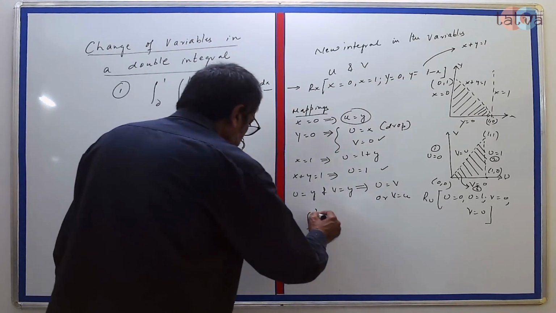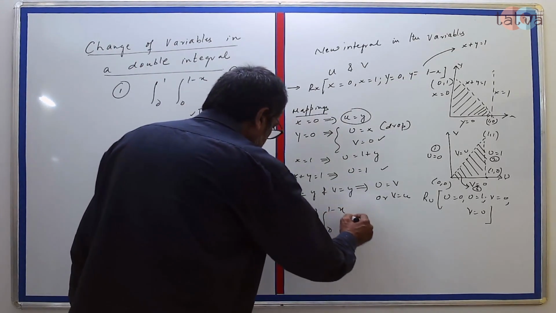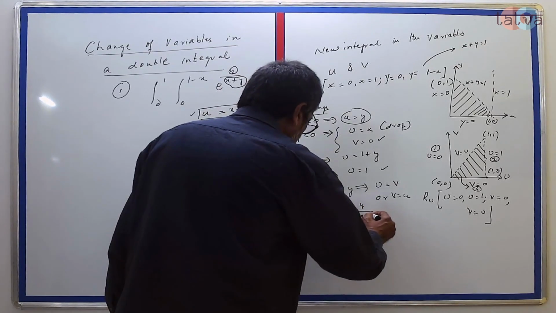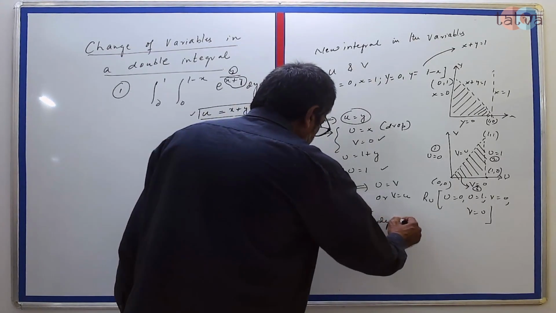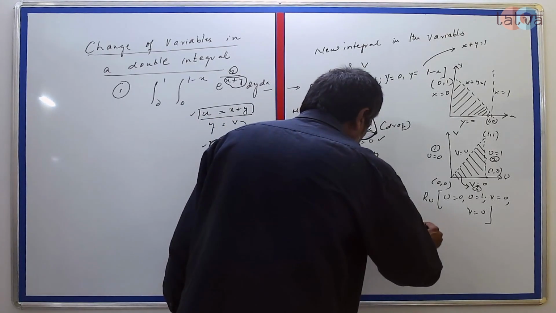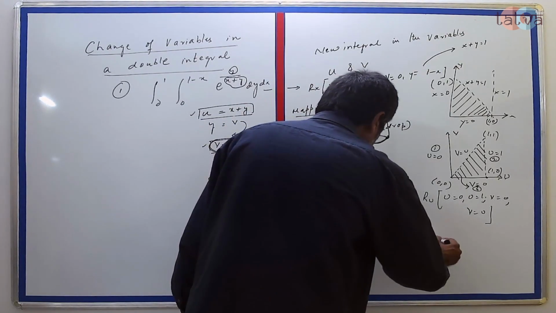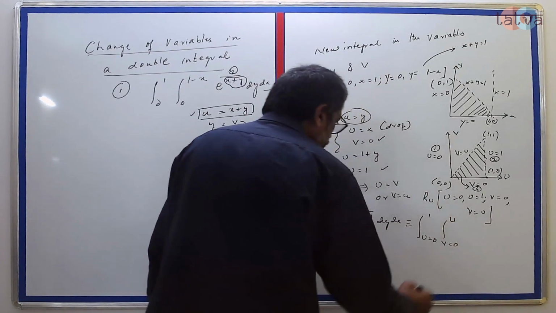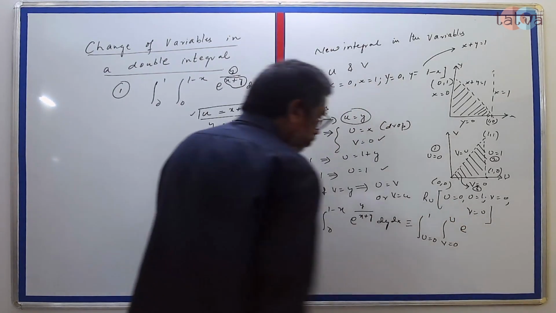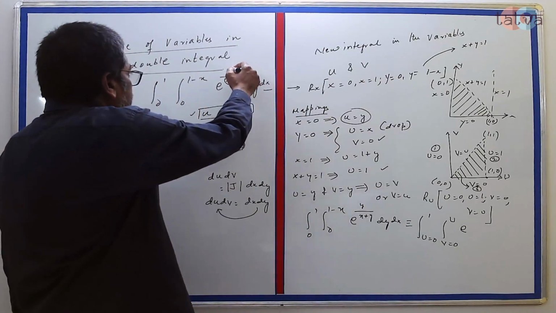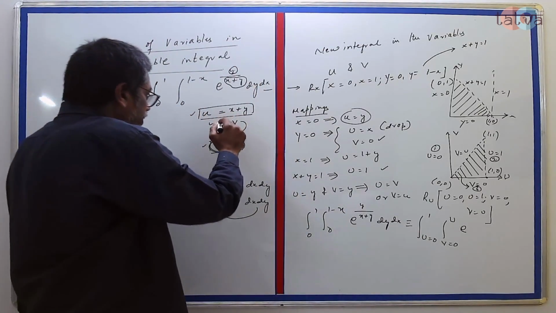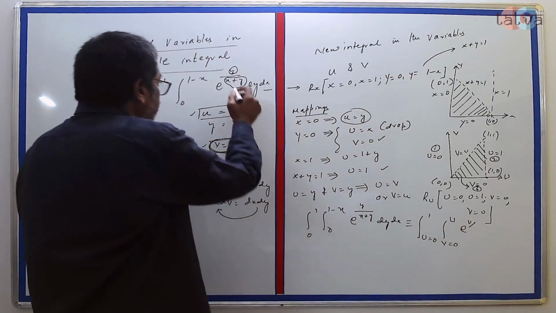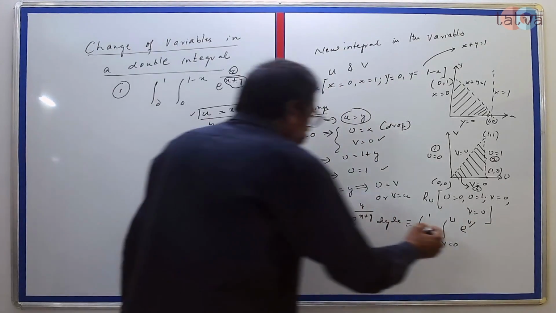Integral 0 to 1, 0 to 1 minus x, e raised to y upon x plus y dy dx corresponds to u is equal to 0 to 1, v is equal to 0 to u, e raised to, replace y with v and replace x plus y with u.